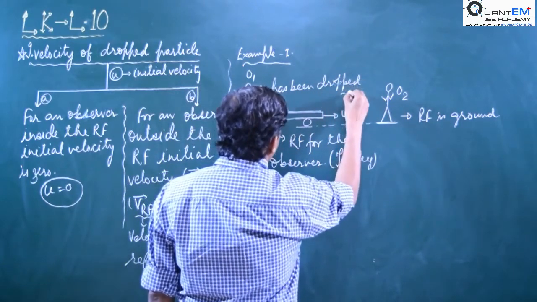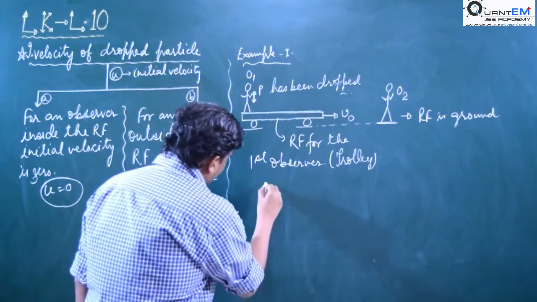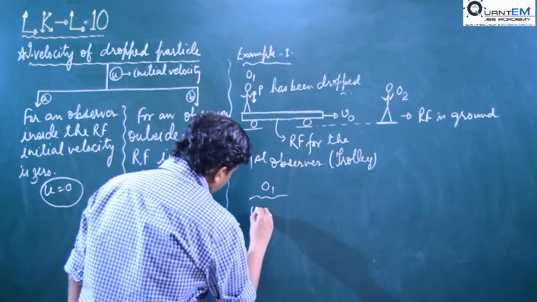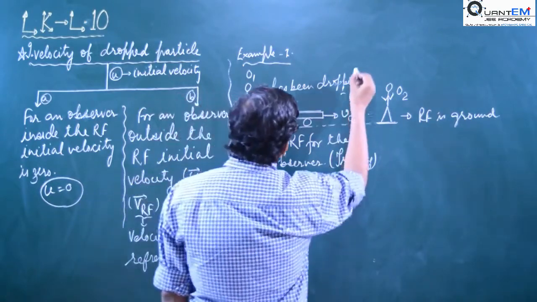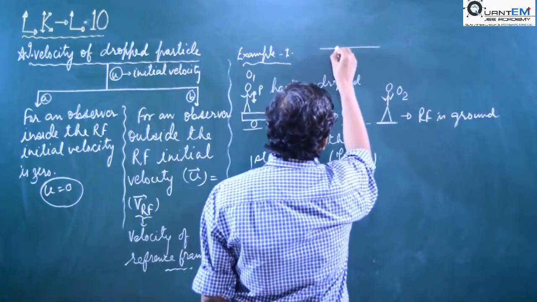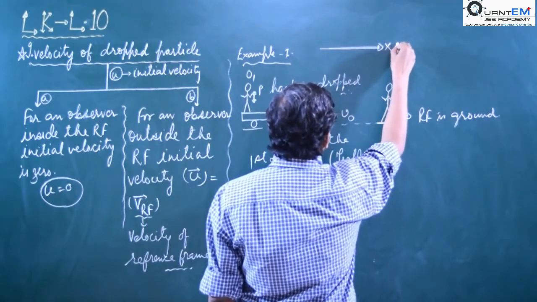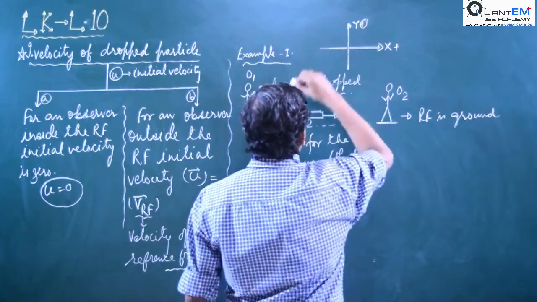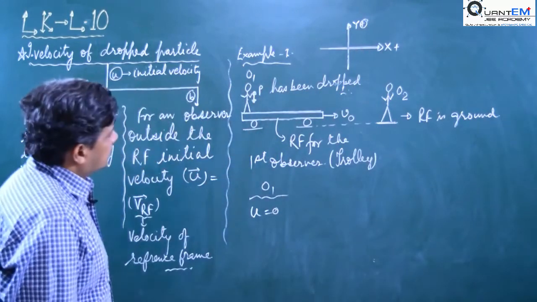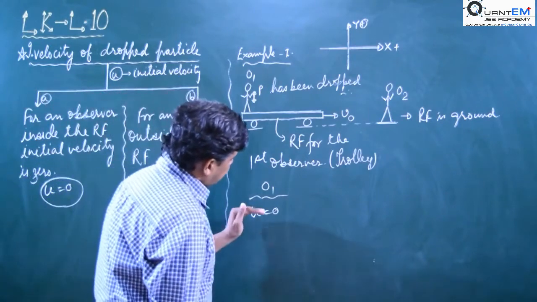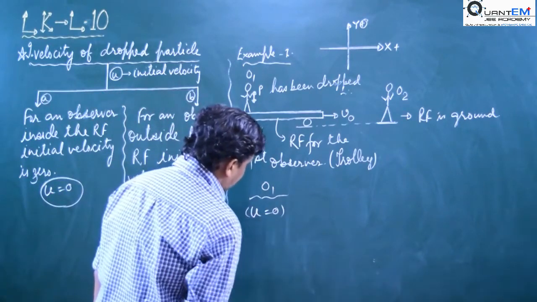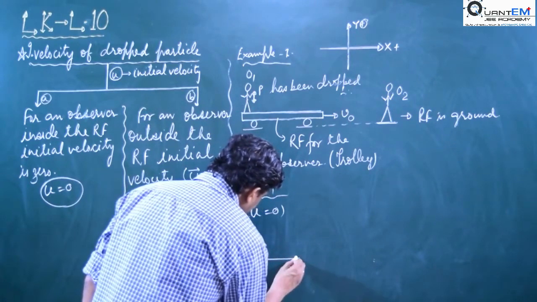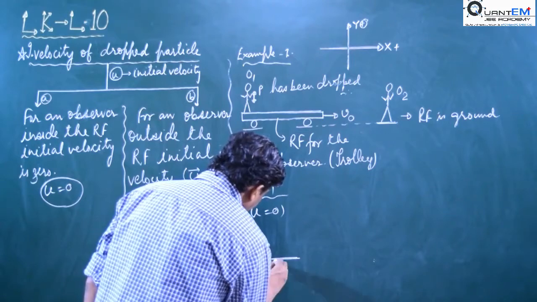See, for observer 1, the initial velocity of the dropped particle is what? 0. Suppose this one is the x coordinate and this one is the y coordinate. Then for the first observer, the initial velocity of the dropped particle is 0, and what will be the motion of the dropped particle for the first observer?